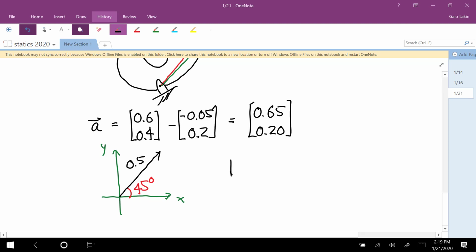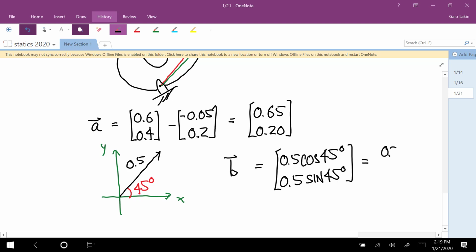So vector B is 0.5 cosine 45, 0.5 sine 45, and that's 0.3535, 0.3535.